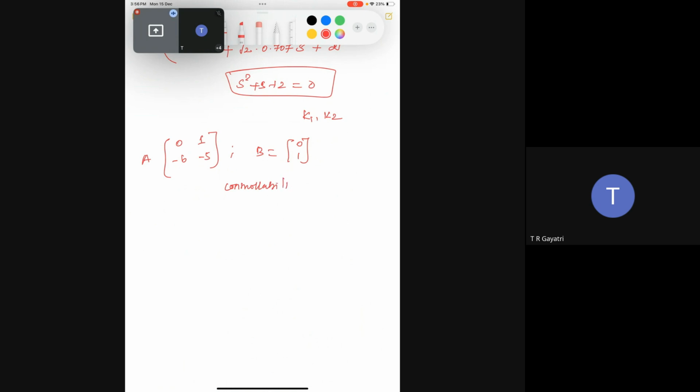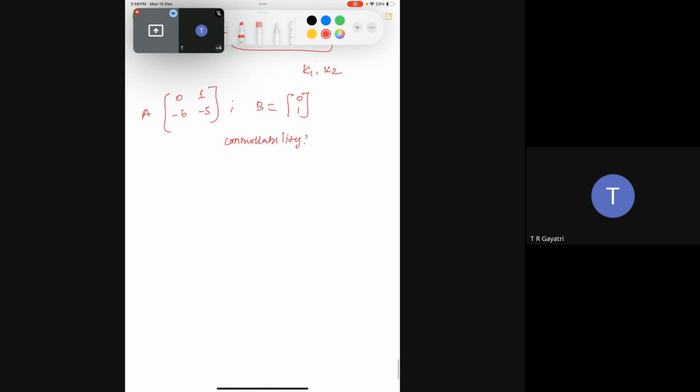We need to find sI minus A. Yeah, first we need to find the controllability, right? If it is controllable only, we can find the controller. There is no point in finding the controller if it is not controllable. So we need to do B, AB. B is 0, 1; A B is 0, 1, minus 6, minus 5 times 0, 1.